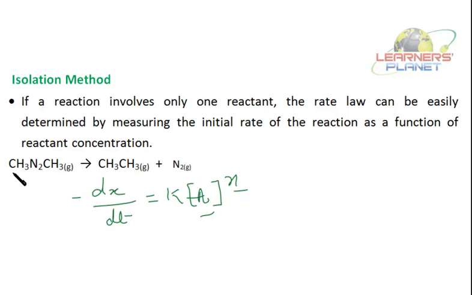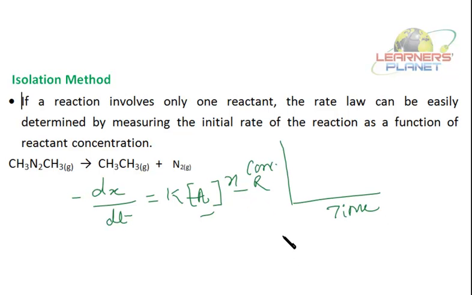So what has happened? Say this is, for example, a reaction, CH3N2CH3. It's a gas and it decomposes to give ethane and nitrogen. So in this case the rate of the reaction is determined. Now how is the rate of the reaction determined? A graph is plotted between the concentration and the time.